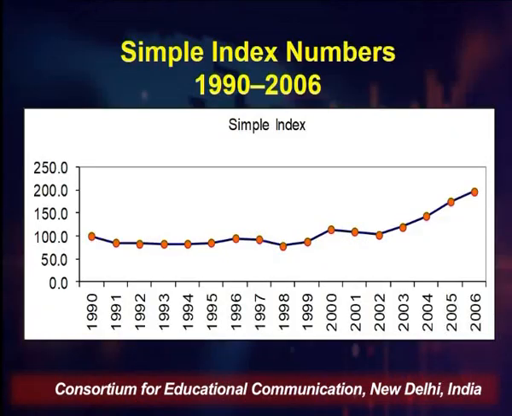So this was the simplest calculation, my dear learners, wherein we computed the index number, and you can also have a graphical presentation of this data. When you plot it on a graph, you find a trend line like this. If you see the connecting lines from 1990, initially it was almost a straight line, later there was a certain upward trend in the year 2000, then in 2001 it was stagnant, and from 2004 onwards it shows an upward trend.